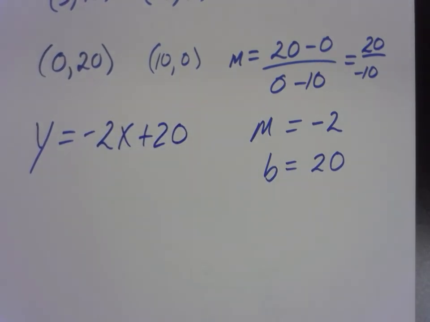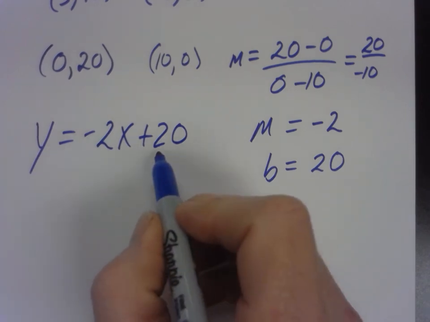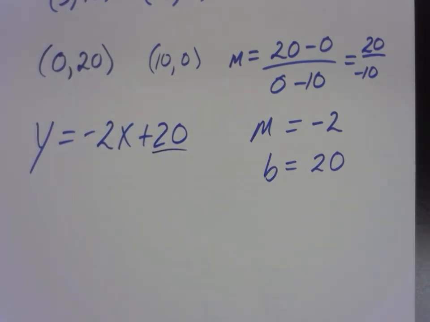But here's the hard part now. In the context of this problem, what's this 20? What's happening when the DVD first is released?